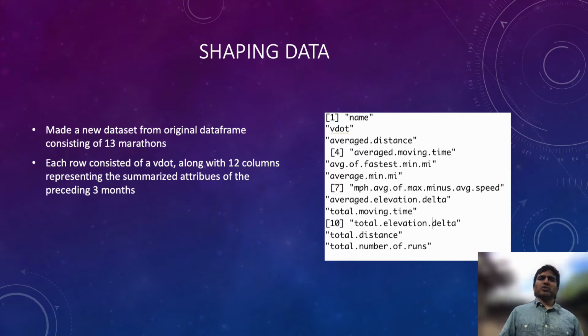So I took all the training runs in the preceding 3 months and took, for example, the average distance per run, the aggregate distance, the total elevation climbed, the total number of runs, the average pace per run, etc. And so every marathon has a corresponding VDOT, and for every VDOT there's a string of attributes which are related to the 12 preceding weeks, or the 3 months preceding.